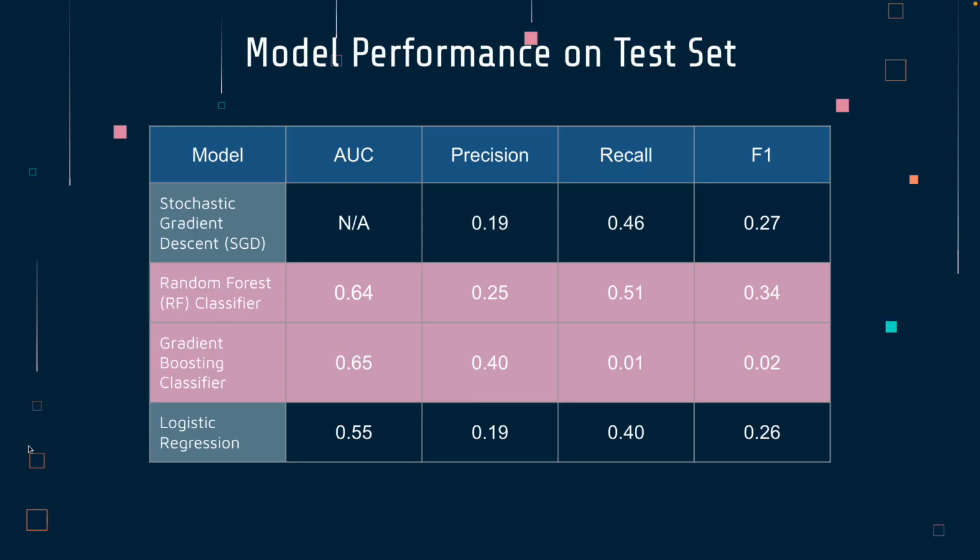Basically signaling that it's likely up to random chance that we see any kind of relational ability to flag transactions from our data, but we wanted to see if we could improve this.